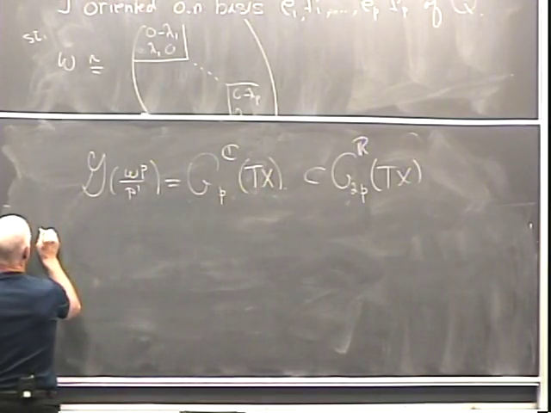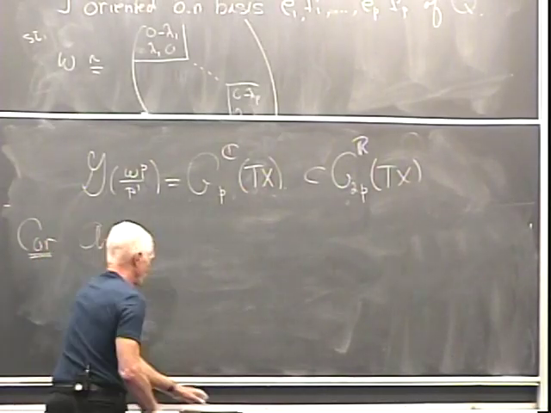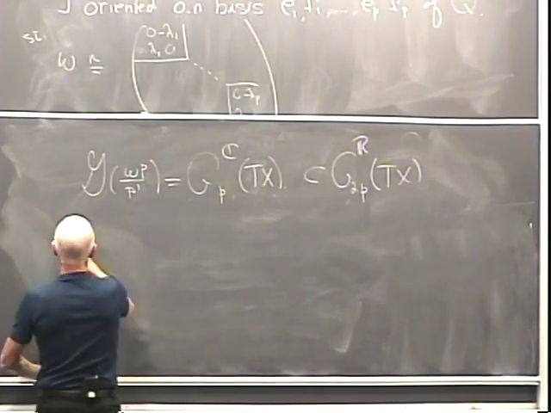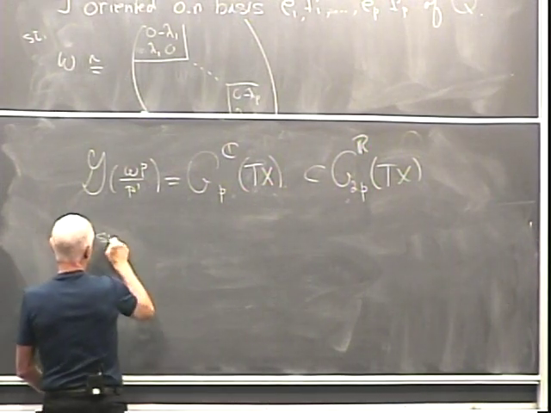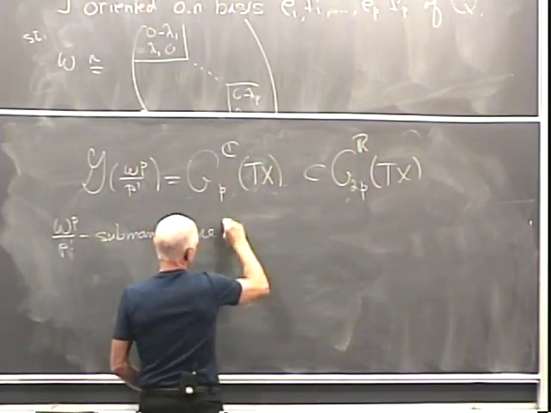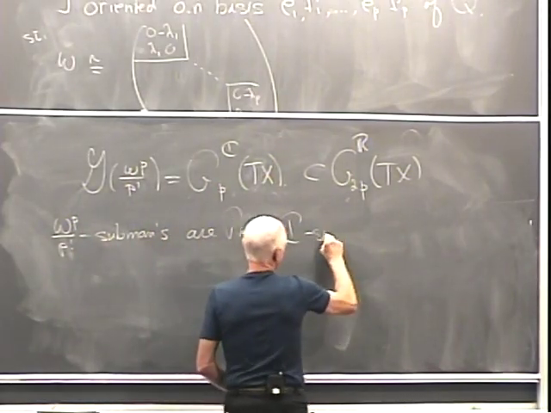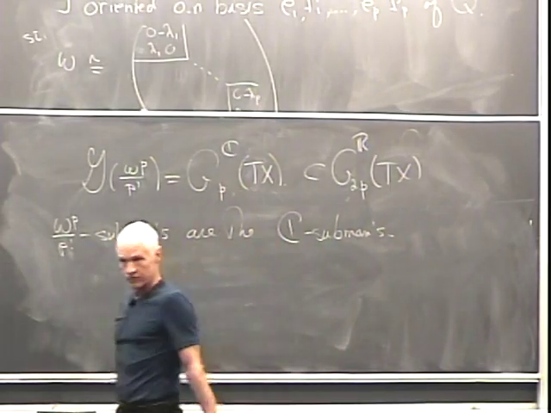And so the corollary is that the phi sub omega p over p factorial submanifolds are just the complex submanifolds, canonically oriented.